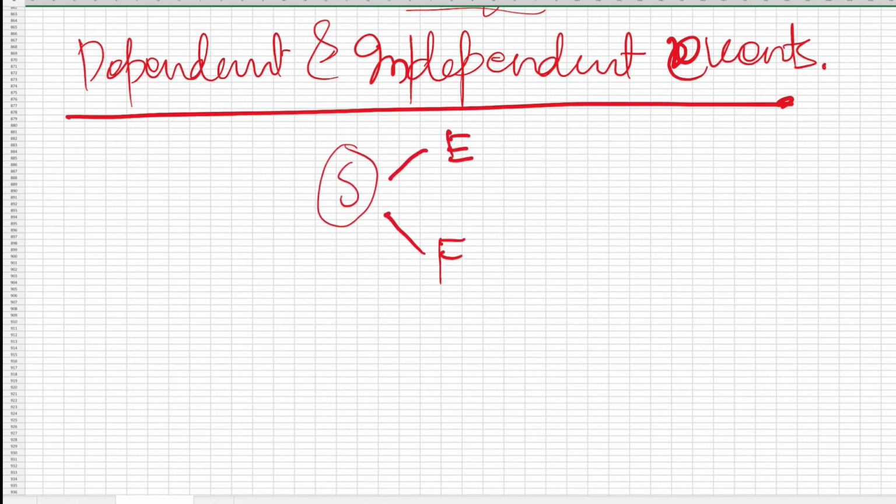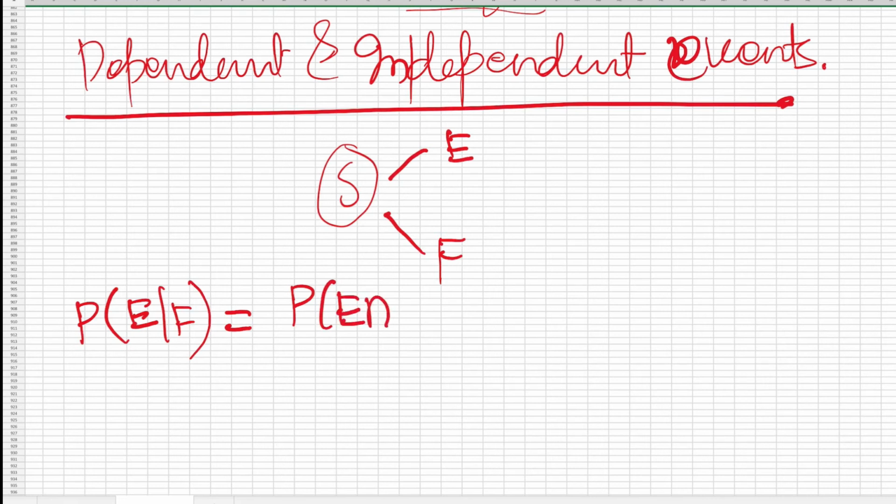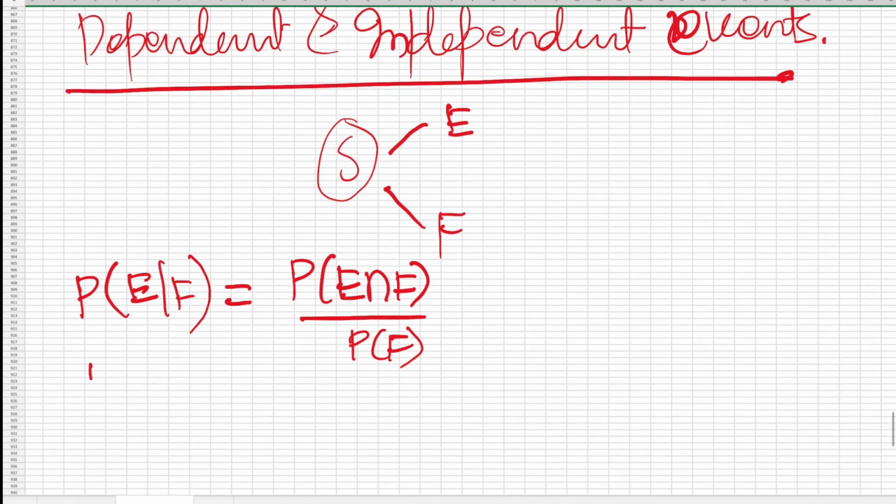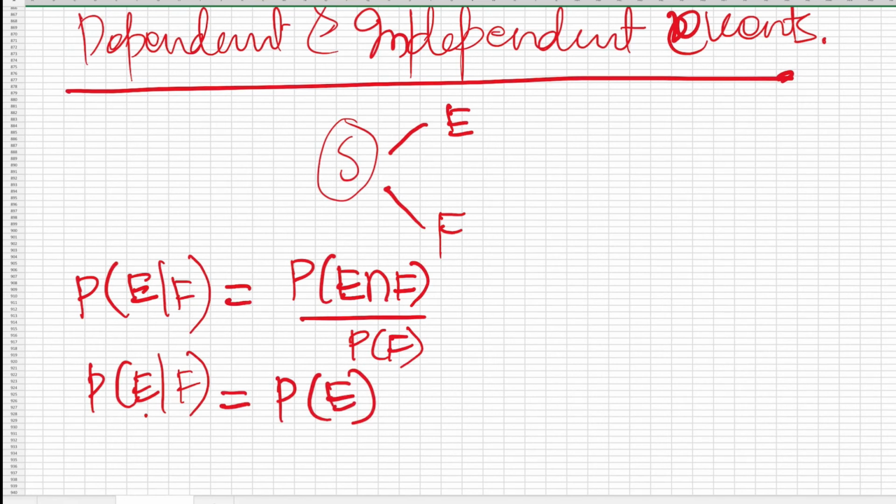Let us take the same example once more. We have a sample space S and two events E and F. The conditional probability of E given that F has already occurred is the probability of E and F divided by the probability of F. The events are called independent when the probability of E given F becomes the probability of E itself.